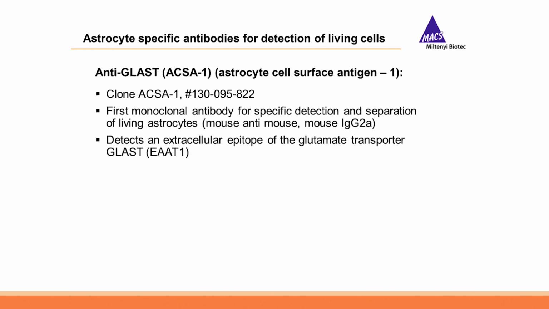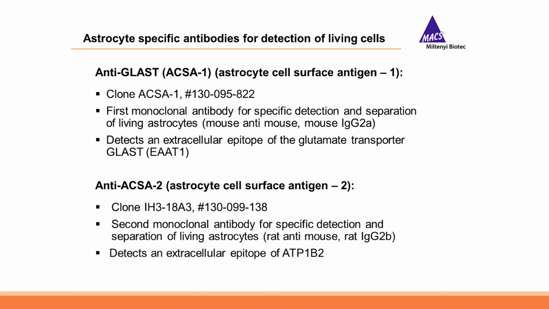The anti-GLAST antibody was the first antibody that allows for specific detection and separation of living astrocytes, as it detects an extracellular epitope of the glutamate transporter GLAST, which is also called EAAT1. We call this antibody also AXA1, which means astrocyte cell surface antigen 1. The second antibody that was generated was the anti-AXA2 antibody.